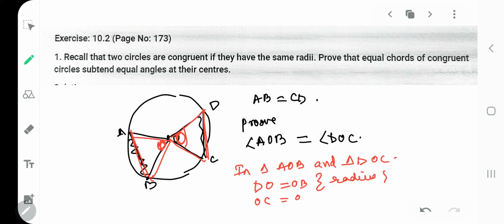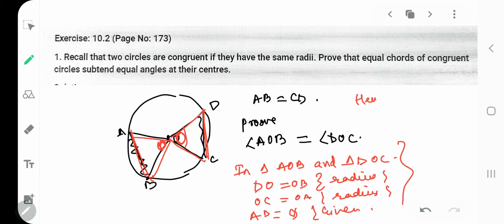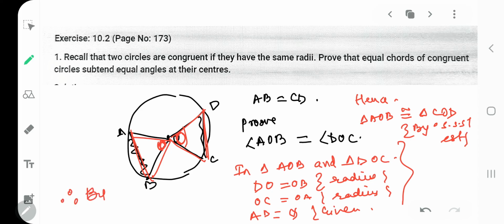OC is equal to OA, again radius of same circle. And AB is equal to CD, given. So you got three reasons of congruency. Hence you can say triangle AOB is congruent to triangle COD by triple S test. And therefore you can say by CPCT, congruent parts of congruent triangles, angle AOB is equal to angle COD.